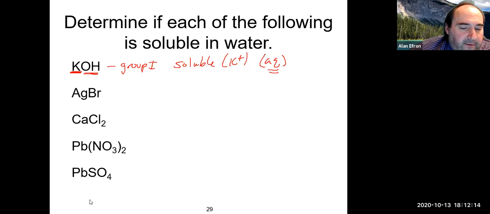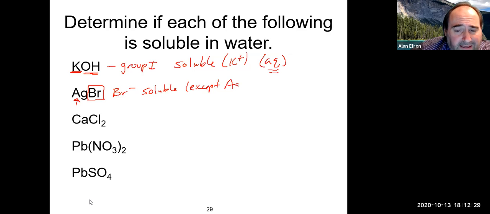Coming down here, we may not be able to find silver right off the bat, but we can find bromide, or Br minus. And Br minus is typically soluble in everything except 3 exceptions, one being silver, lead, and mercury here.